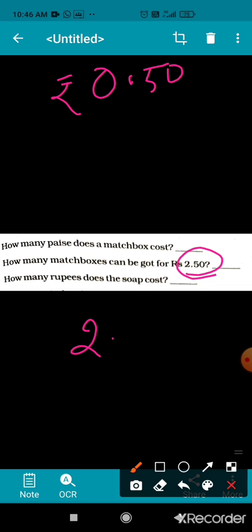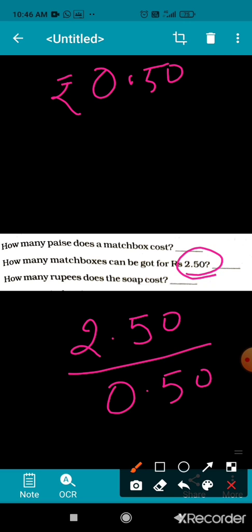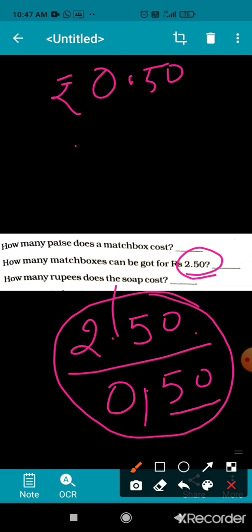So 250 paisa divided by 50 paisa. Children, after decimal 2 digits are present, and here also 2 digits are present, so you can remove decimal, okay. And after that you can solve this.